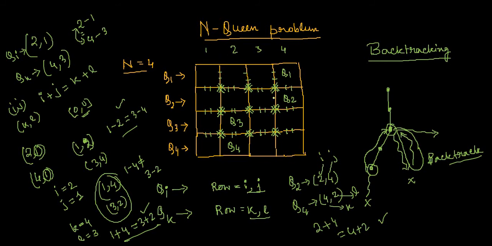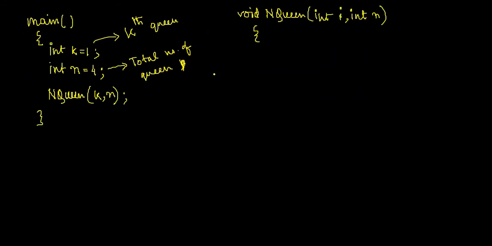I don't know which option will be correct, so I have to start from the beginning. That's why I'll have a loop: j equal to 1, j less than or equal to n, j plus plus.